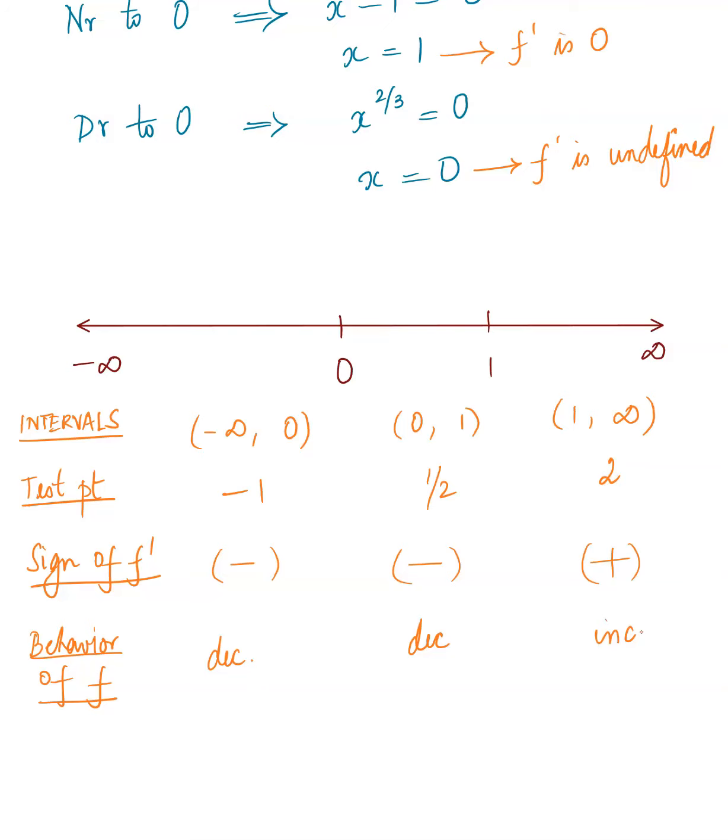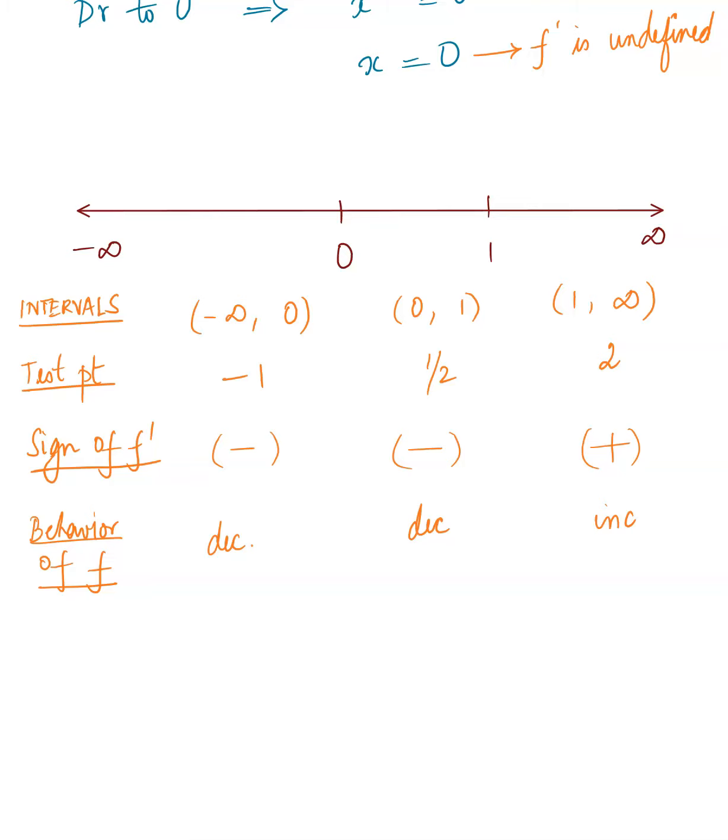But if we were to find the function's local and absolute extreme values, it goes from decreasing to decreasing, right? It goes decreasing to decreasing. That means at 0, there is no extremum because there was no change there.